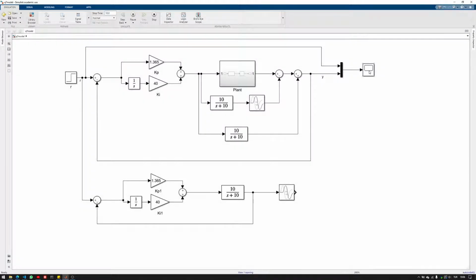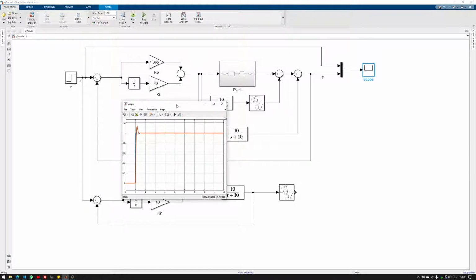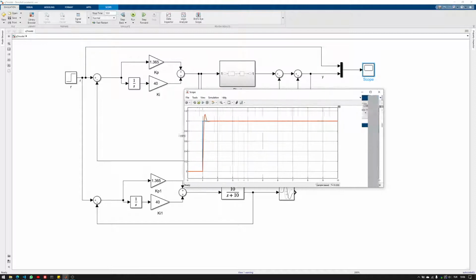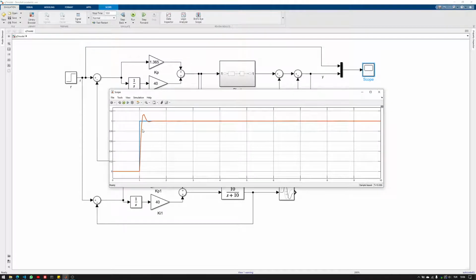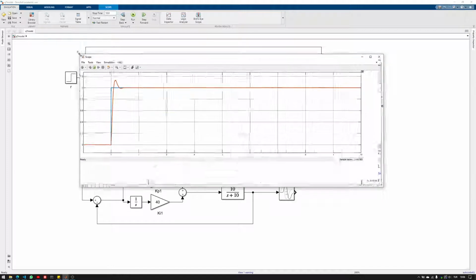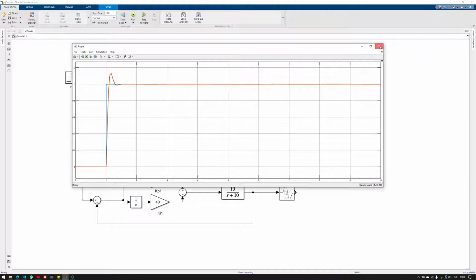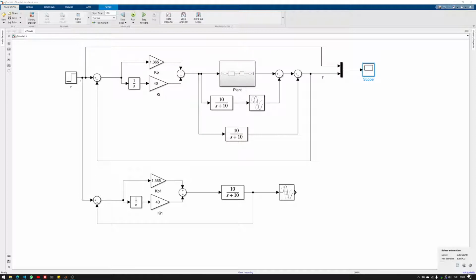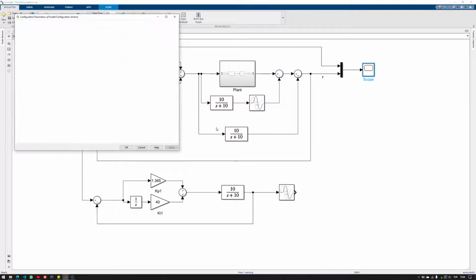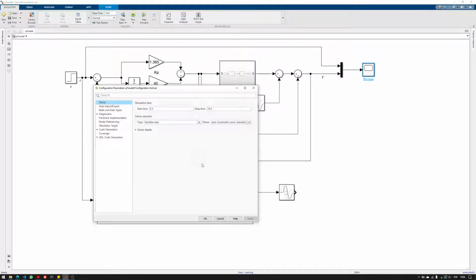Let's run our model. Let's open it up, and you can see we have the output that we should have. Now, of course, we might also adjust some parameters of our model in order to increase the accuracy here.